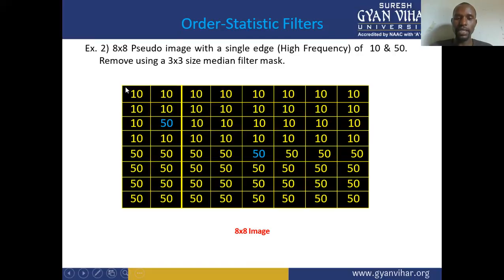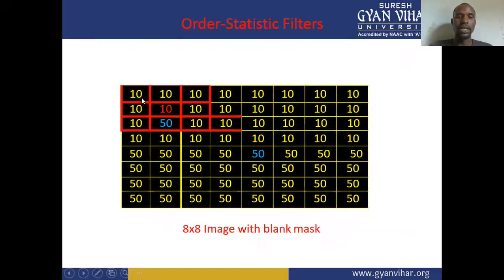So to repeat, median is the middle value within a given set of values. For example, if we apply this mask of 10 by 10, the middle value is 10 here, labeled with red. This value is what you are going to store.